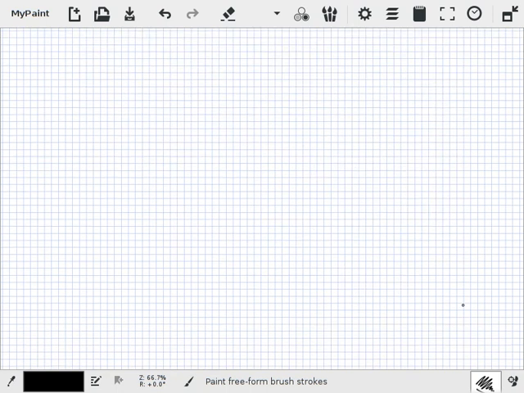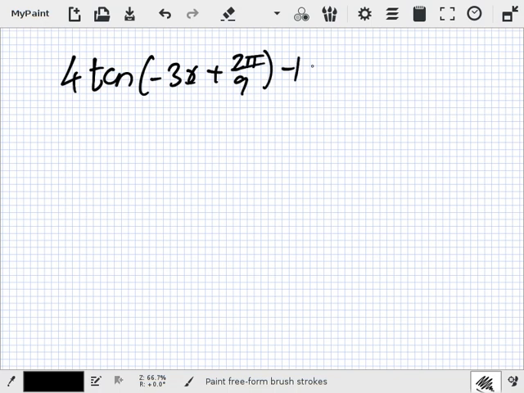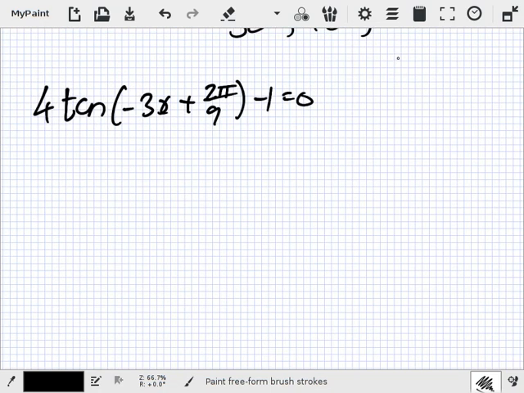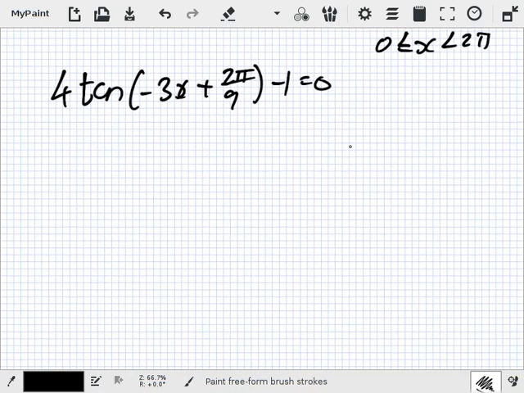Let's say 4 tan of minus 3x plus 2 pi over 9, minus 1 equals 0. And this is where x is between 0 and 2 pi. It's very important that you do the steps in the right order.